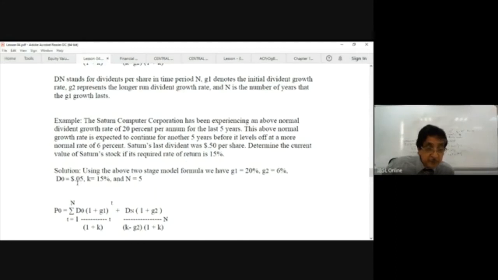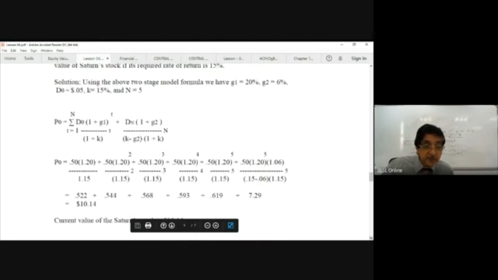It should be 0.5, not 0.05. 50 cents per share means it is 0.5. So it should be 0.5. K equals 15%, that is correct. And N equals 5, because for 5 years it happens.